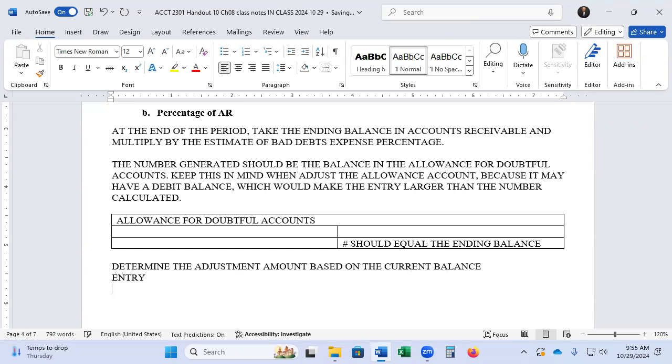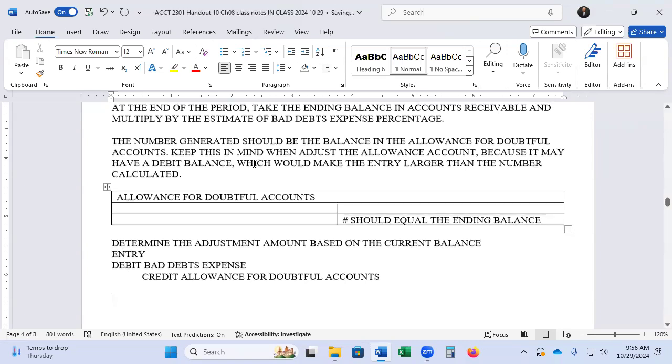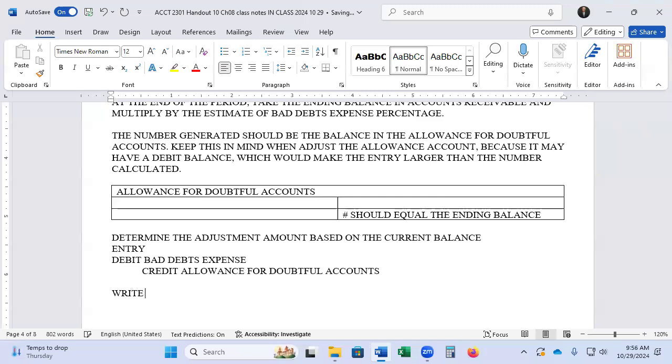So your entry is going to be a debit to bad debts expense and a credit to allowance for doubtful accounts. And then to write off an account would be a debit to allowance for doubtful accounts and a credit to accounts receivable.